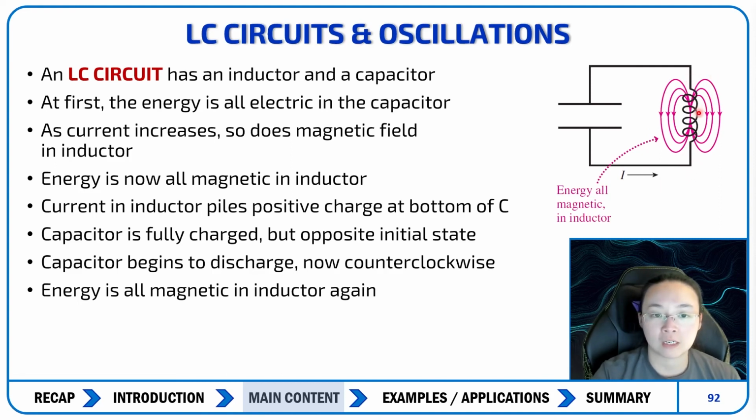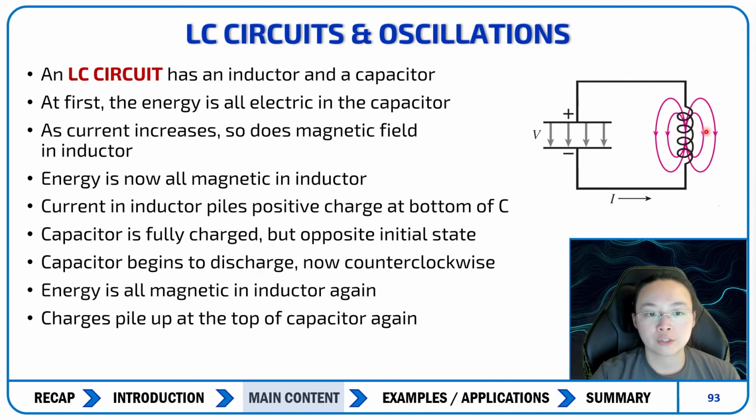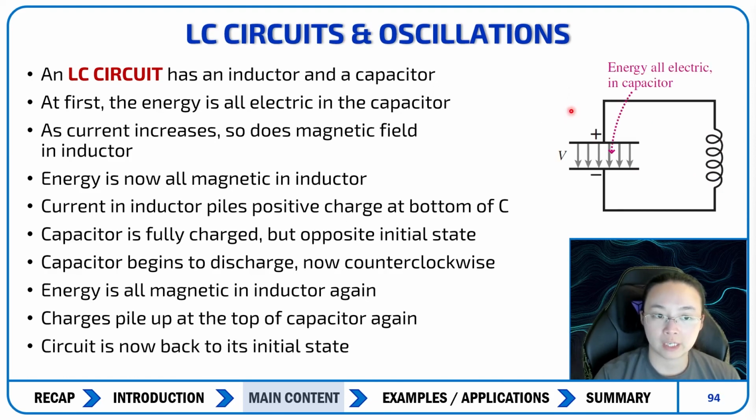There's going to be a magnetic field. All the energy will be converted to magnetic energy once again. And then, of course, the positive charges are then going to pile up on the top of the capacitor this time. And all of the energy will be converted to electric energy. Now the capacitor polarity has reversed. You have positive charges on the top side and negative charges on the bottom side. And then the whole circuit is back to its initial state, and it repeats over and over again, assuming there's no energy loss.